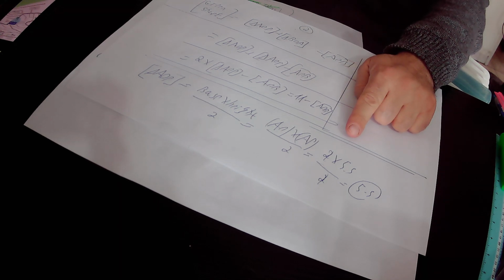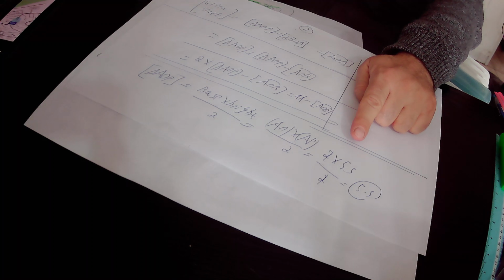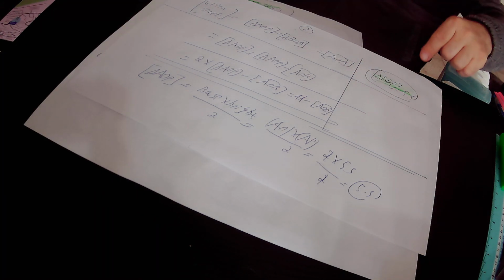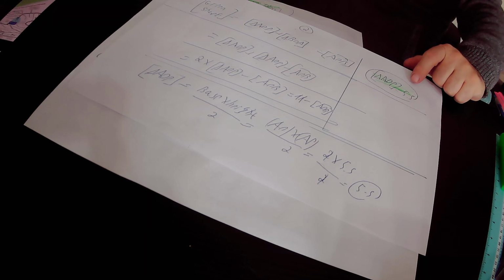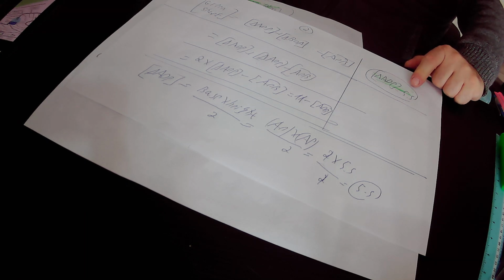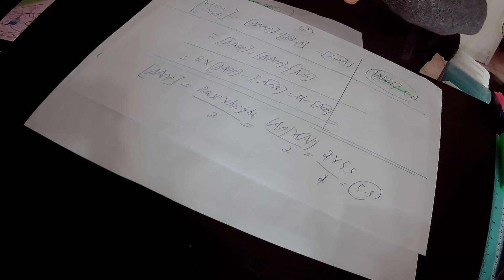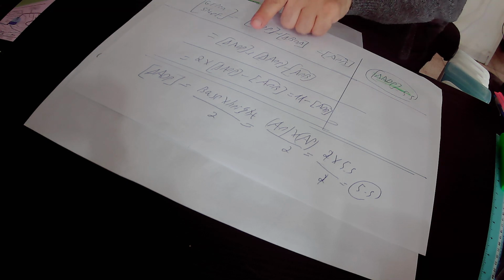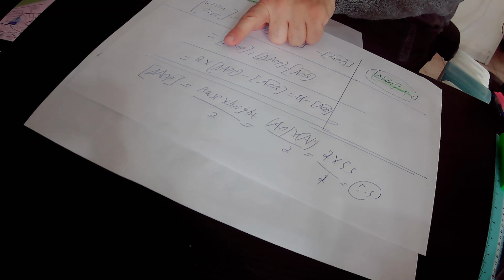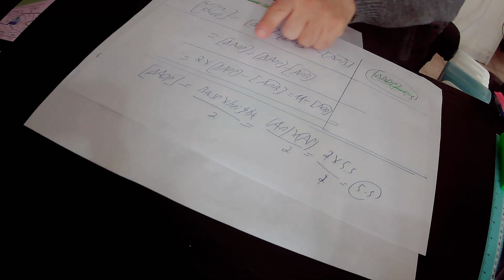We have 2 in the numerator and 2 in the denominator, so the 2 gets cancelled, and we are left with only 5.5. In conclusion, the area of the upper right triangle AOP equals 5.5 square units. And we have to multiply the area of triangle AOP by 2. So it is 2 times 5.5, that's 11.